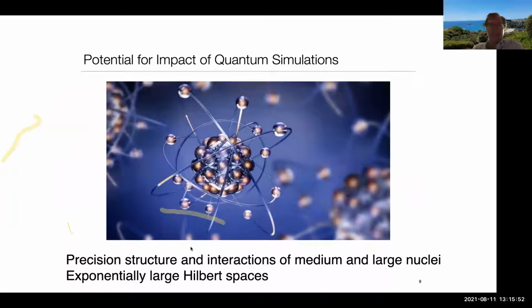And then finally, systems with large Hilbert spaces, particularly quantum many-body problems, the dimensionality of the Hilbert space grows exponentially with the number of bodies.